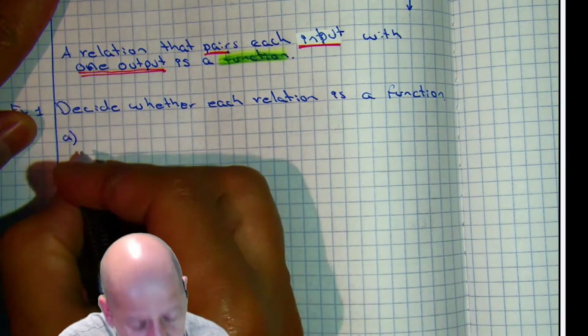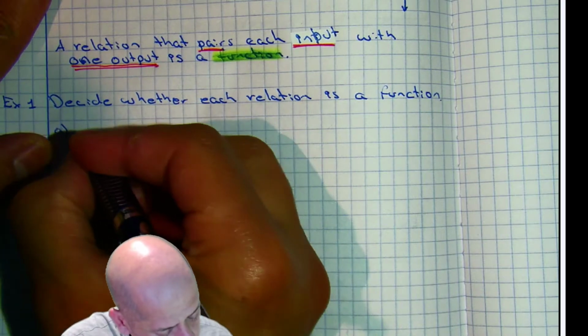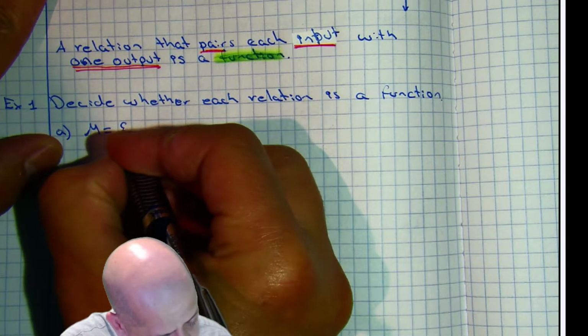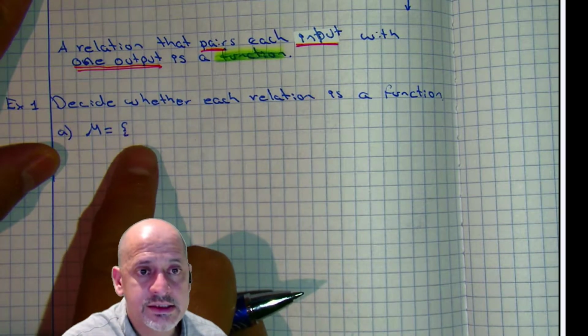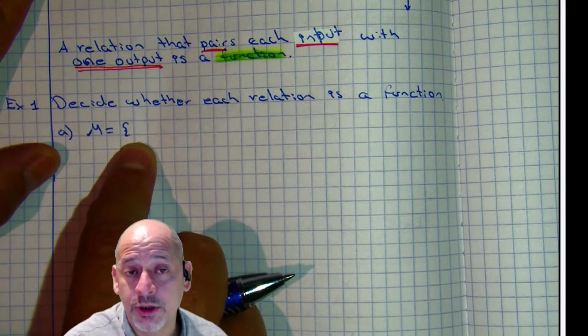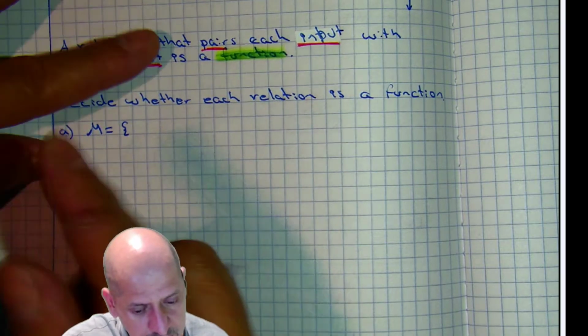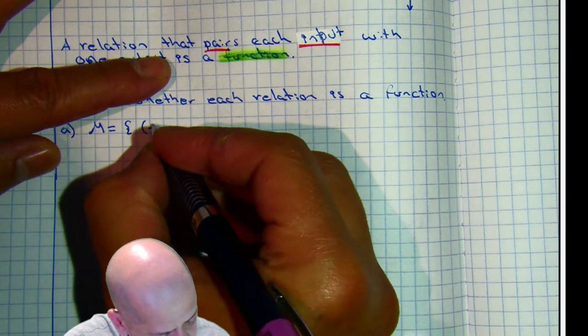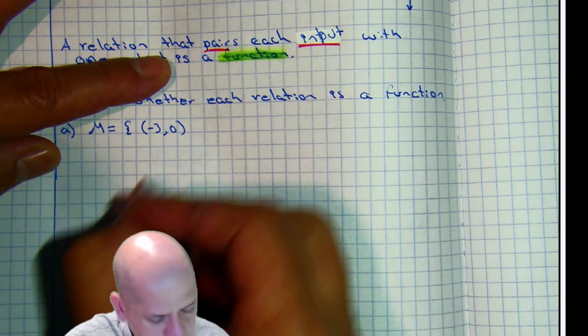On letter A, we are going to write down a set, and we're going to place a squiggly brace, or what people call a fancy brace. And then in each one, we're going to have a set of points. We have a -3, 0.